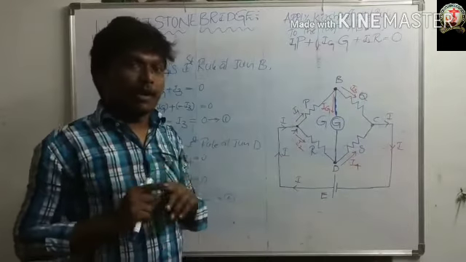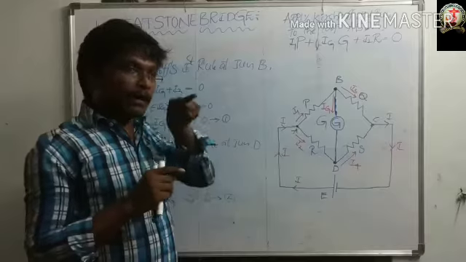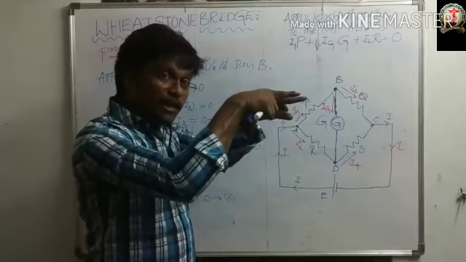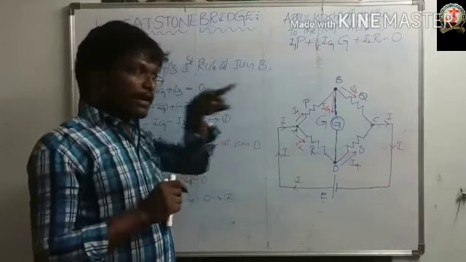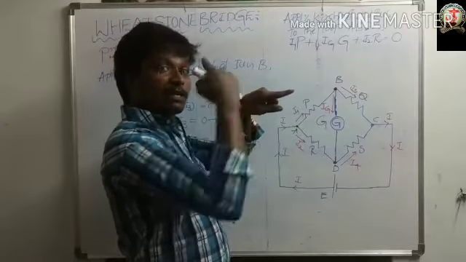I told you already, if the current direction and loop direction are both the same, that is the positive sign. If the current direction and loop direction are opposite, that is the negative sign. Correct?